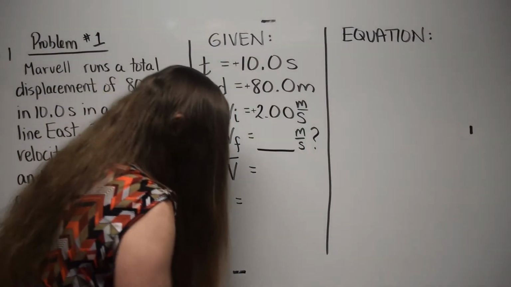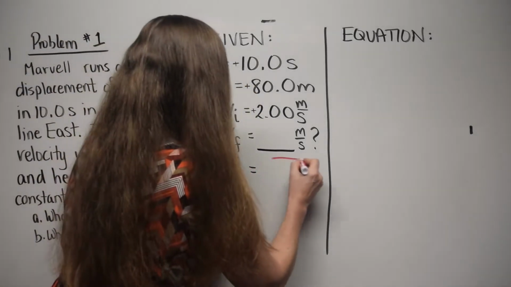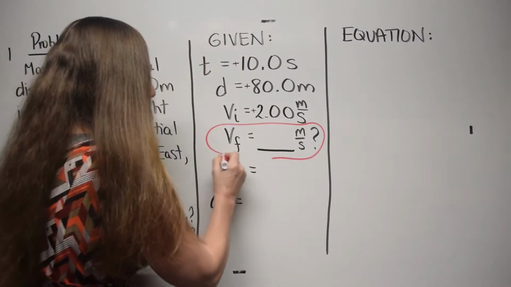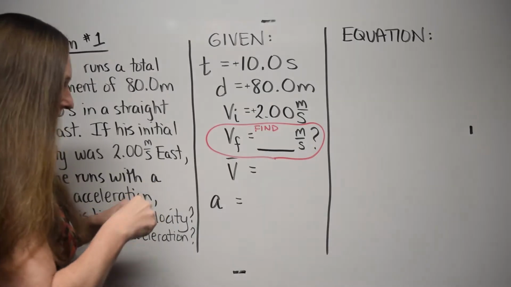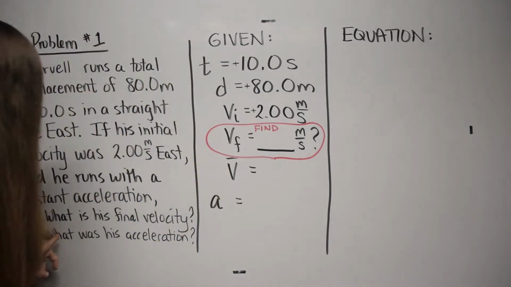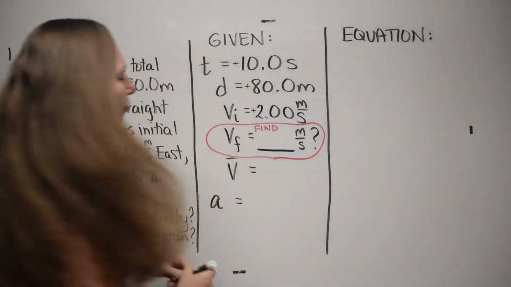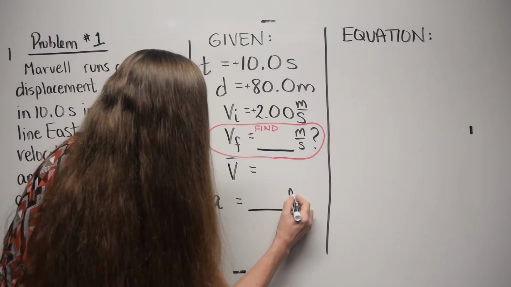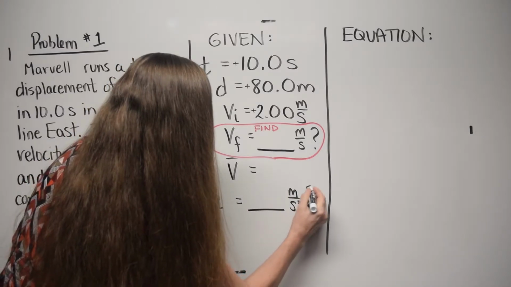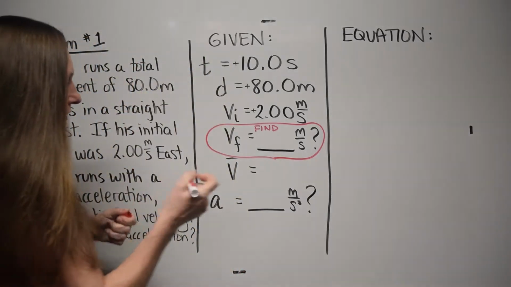And let's make a note of what we're trying to find. This is what we're trying to find. And also, what was his acceleration? So we're also trying to find his acceleration. So put a line. That would be meters per second squared. And we're trying to find acceleration also.